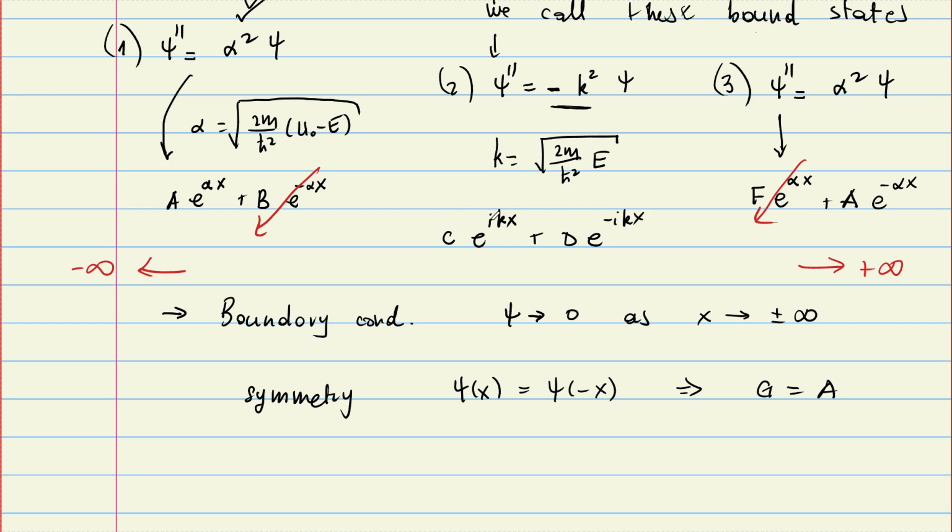And actually this solution, rather than this, I want to use sines and cosines because they have better symmetry, right? By using C and D with appropriate combinations, I can write it like C times sine kx plus D times cosine kx.